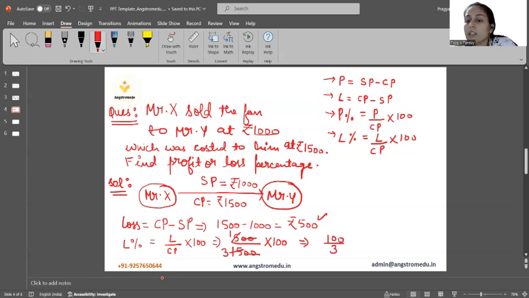Now let's convert this into a fraction, or we can leave the answer like this as well, or we can convert it into a mixed fraction. Okay, so 3 threes are 9. Now I'll get 1 as a remainder.